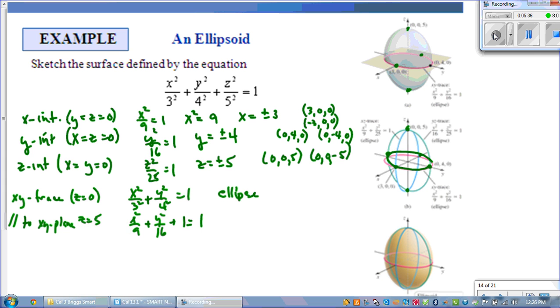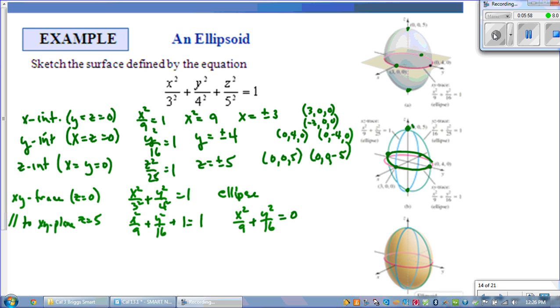Well, what that's giving me is x squared over 9 plus y squared over 16 equal to 0, which ends up only being the point (0, 0), and that gives you this point up here. You can see that intersecting this ellipsoid with the plane z equal 5 gives just this point up here.